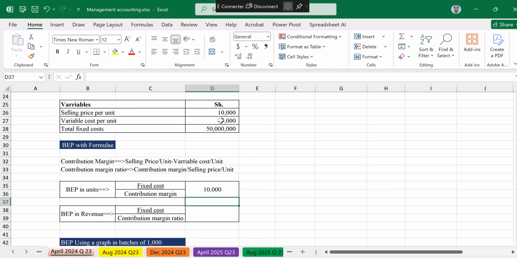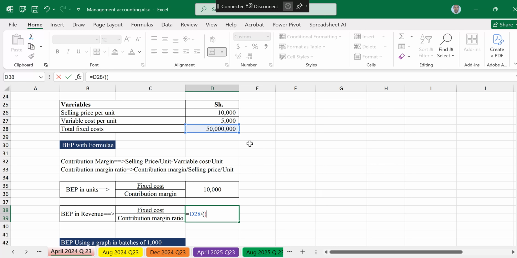Then BEP in revenue. BEP in revenue will be equal sign, again, fixed cost over contribution margin ratio. Now, contribution margin ratio is contribution margin over sales. So that is fixed cost divided by, then open two brackets.